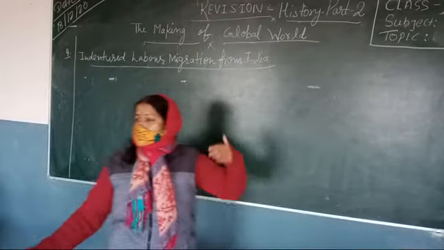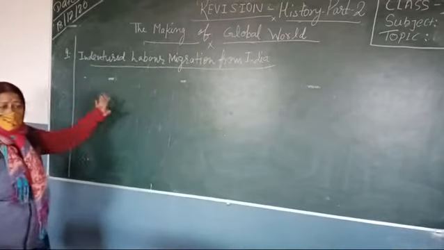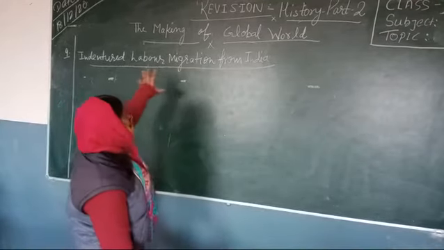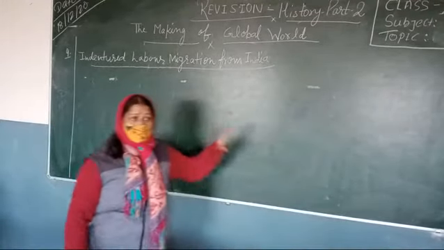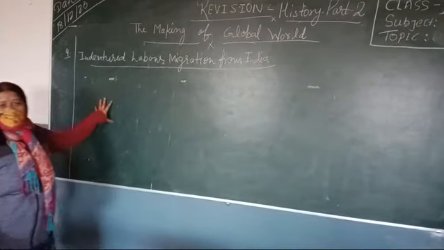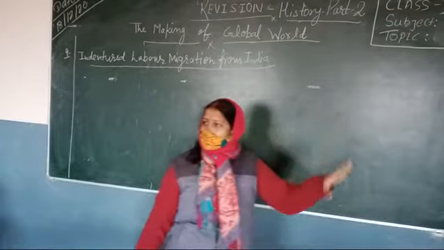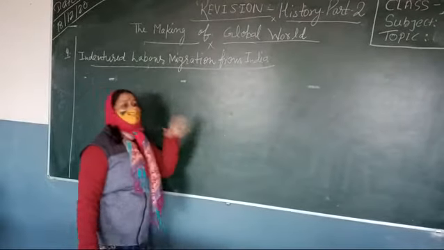When we started this heading, indentured labor migration from India, under the chapter The Making of Global World, it means that during the 18th and the 19th century, a number of laborers migrated from India and China.